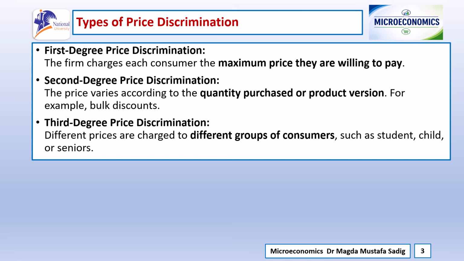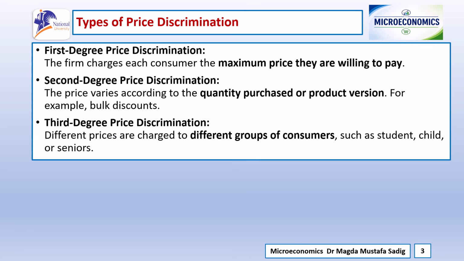Third degree price discrimination. The third type is third degree price discrimination. In this case, the firm charges different prices to different groups of consumers. So for example, let us take students, children, and seniors.